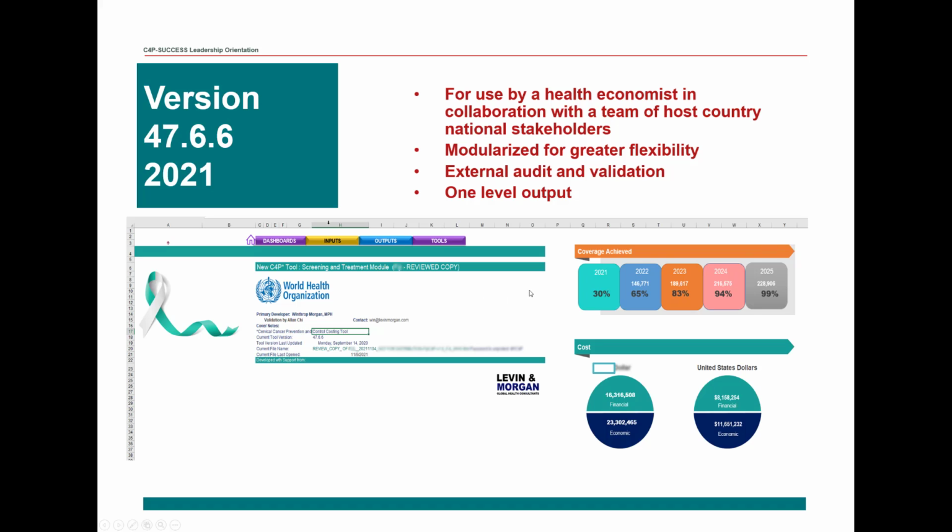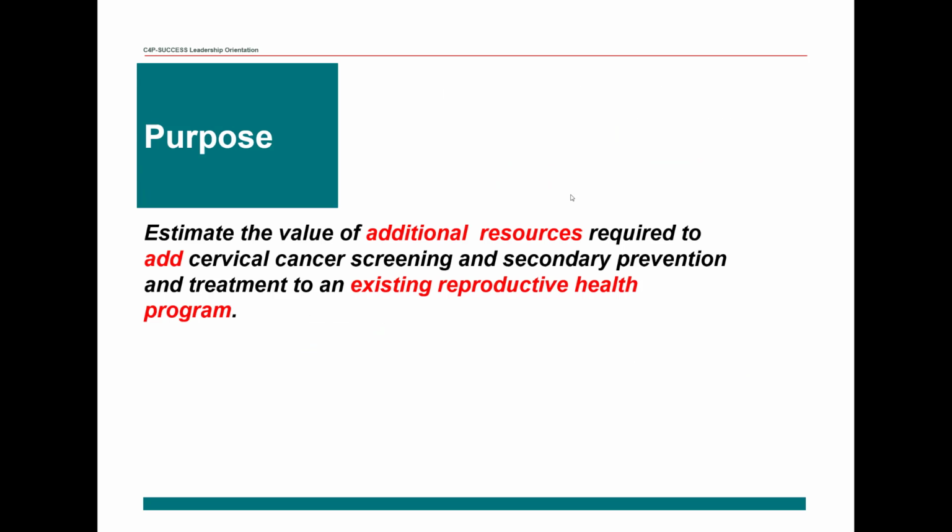The reason is that every time we use this tool, we find a small thing that we can improve with it. Over time, we have kept the purpose of this tool to estimate the value of additional resources required to add cervical cancer screening and secondary prevention and treatment to an existing reproductive health program.